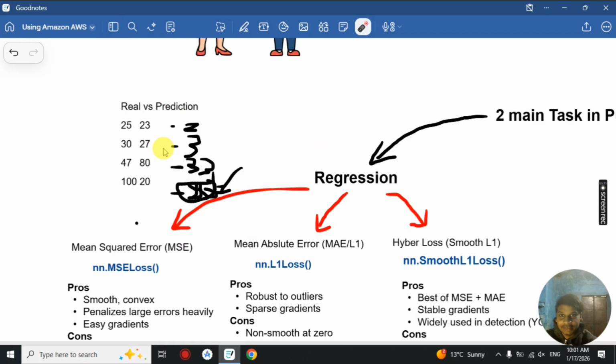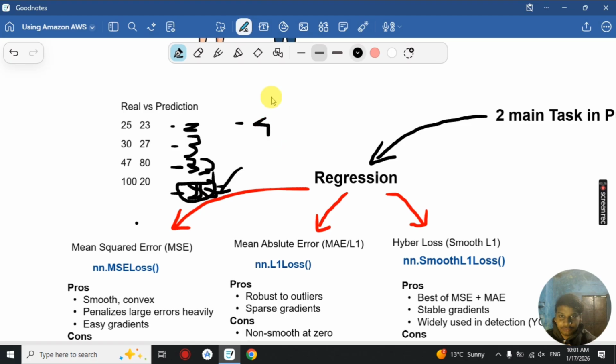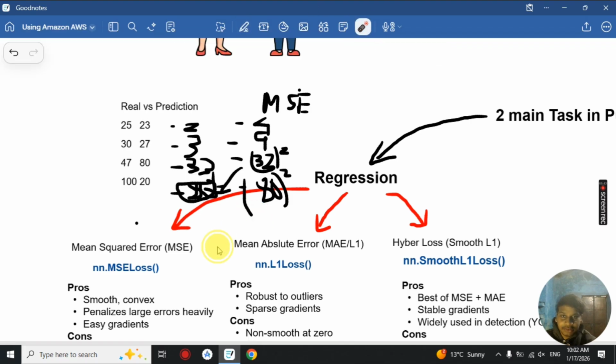For example, if the difference is 2, it will be squared to 4. Here it will be 9, and here 3 squared. Here you could see that it's a very high loss, and here it will be the maximum loss. It basically squares the distance between them.